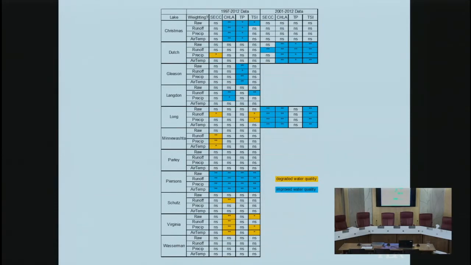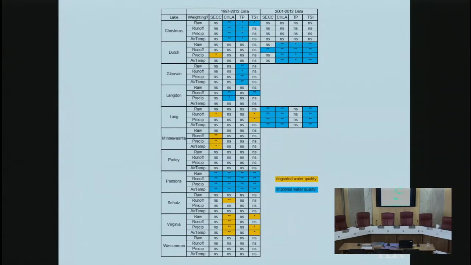From 1997 to 2012, there was a trend there. Dutch Lake, it appeared that there was no significant difference, but looking at certain parts of the data set showed that it was improving. Gleason is improving for phosphorus over that 1997 to 2012 period.